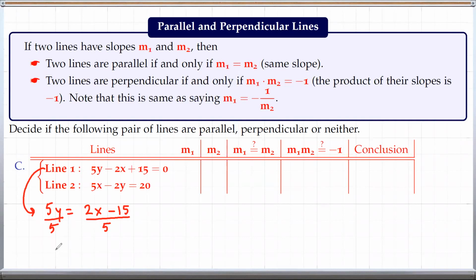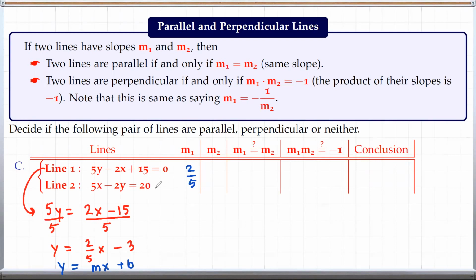On the right, you have 2x over 5, which is the same as 2 by 5 x, minus 15 by 5, which is 3. So from here, we can see that the slope is 2 by 5 if you compare with the basic format, y equals mx plus b. So m1 is 2 by 5. Slope of the first line is 2 by 5.